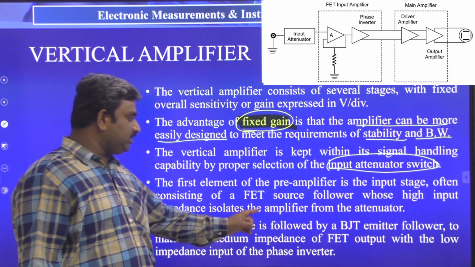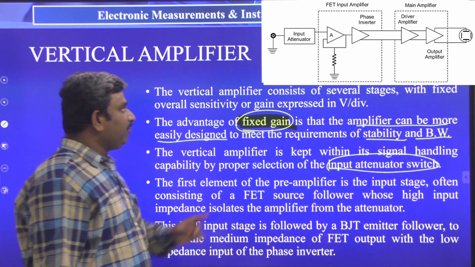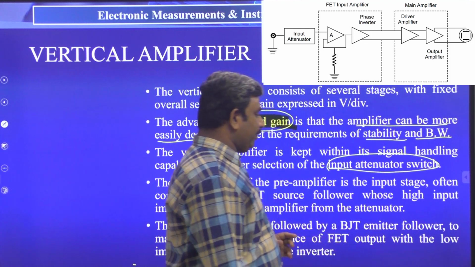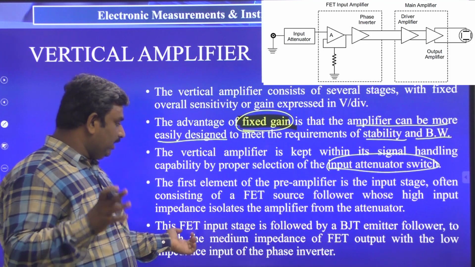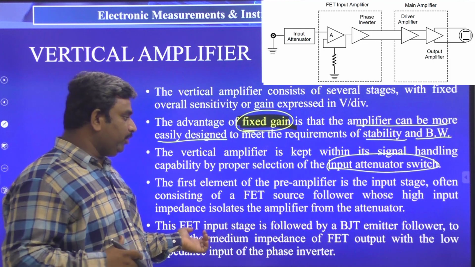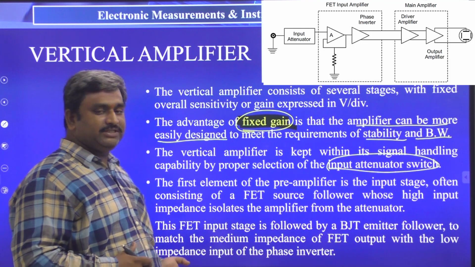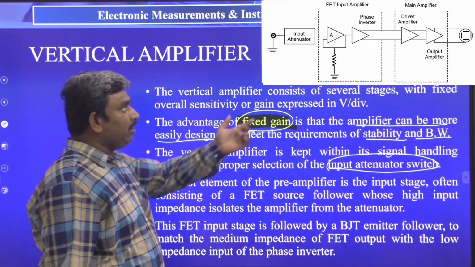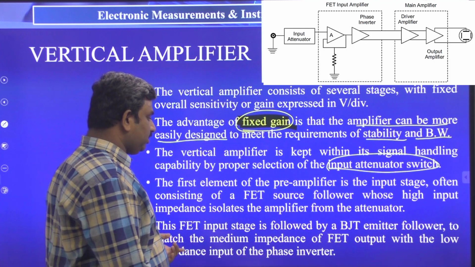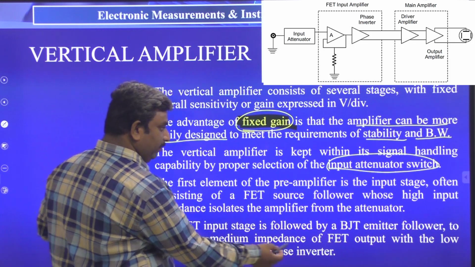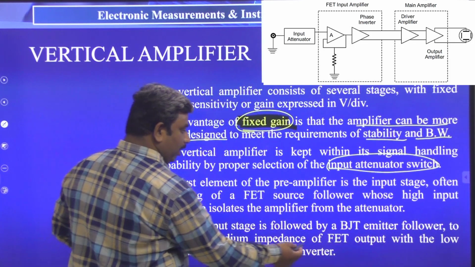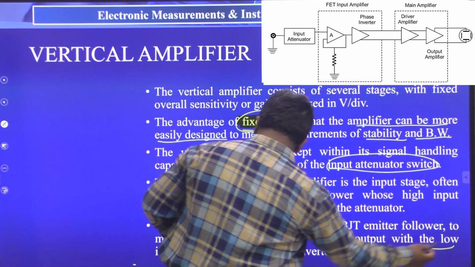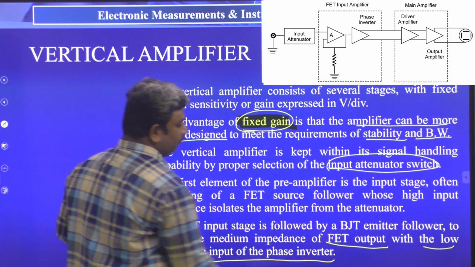The FET input stage is followed by a BJT emitter follower circuit to match the medium impedance of the FET output with the low impedance input of the phase inverter. Here we are using the BJT transistor for matching the medium level impedance available at the FET output with the low impedance input of the phase inverter.